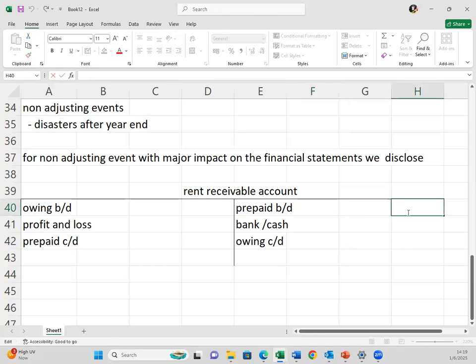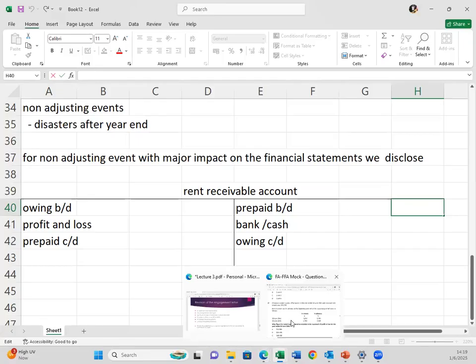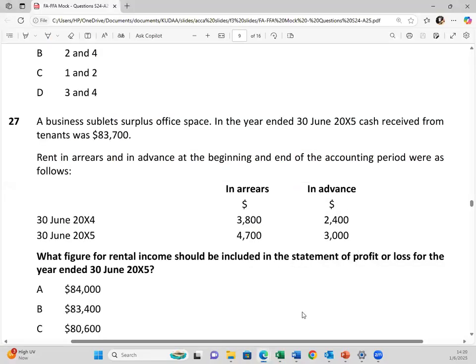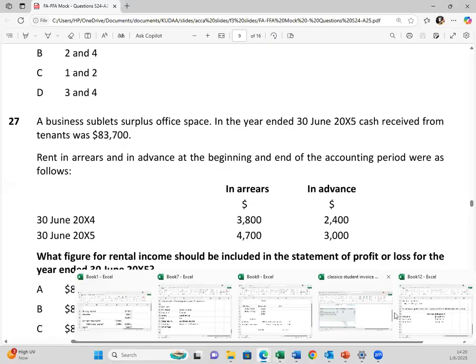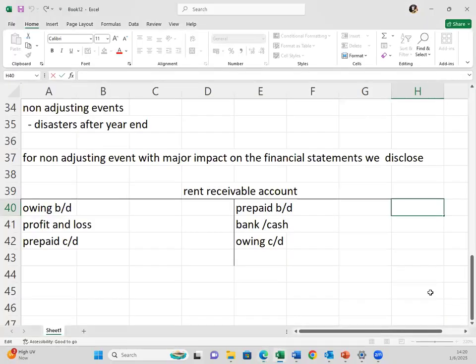So how much is the rent received prepaid? Do we have that in our question? 2,400. So you check the dates. 2004, these are the BDs. So advance 2.4, then this side 3.8.